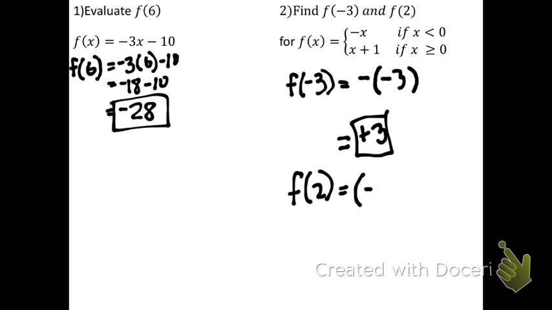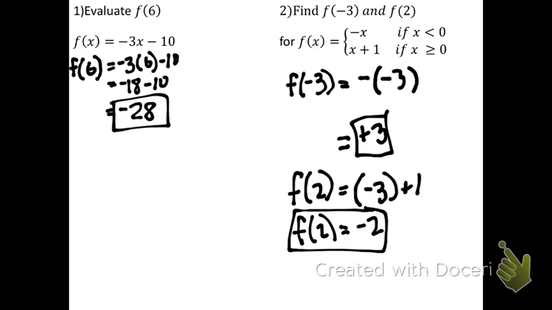So instead of x, I'm putting in 2 plus 1. 2 plus 1 is 3. So f of 2 is equal to 3. Now on these, it's really important that you write the function that you're working with. So on the first one, it said f of negative 3. Good to leave it, so you have the function written there.